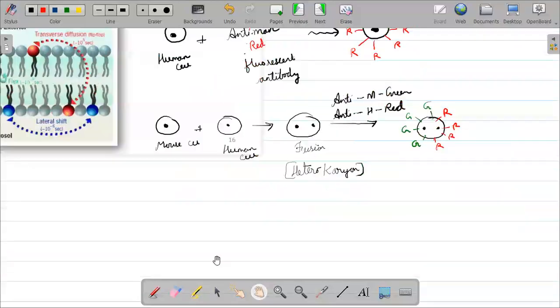Then what they observed is when they heated, the triangle symbol, see it is heated.